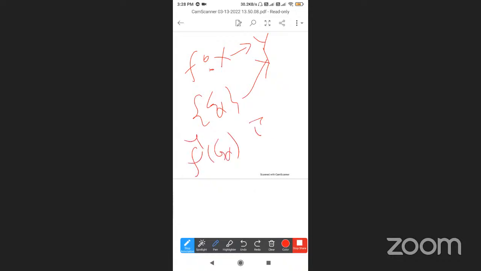So this is very simple. This is the starting theorem from the previous part.